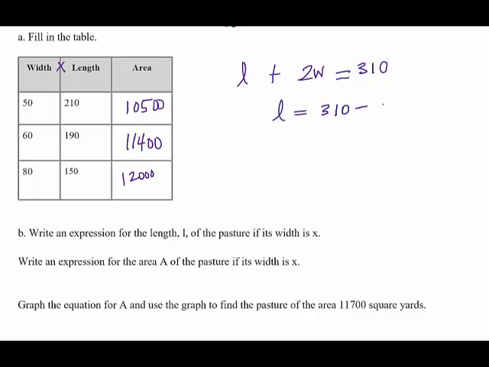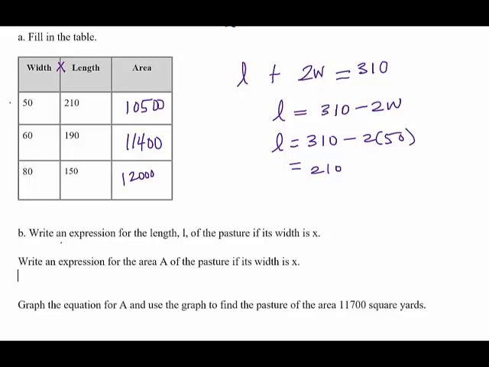If we take 310 and subtract 2 times the width from it, we would get the necessary length. Okay, so let's try one of these out. If the width is 50, the length is 310 minus 2 times 50, and that gives us 310 minus 100, or 210 for the length.